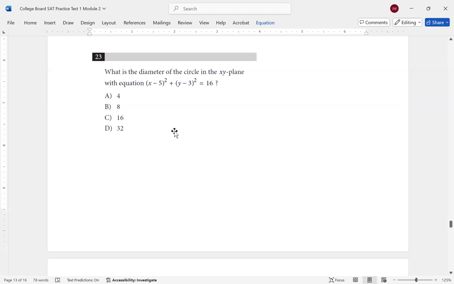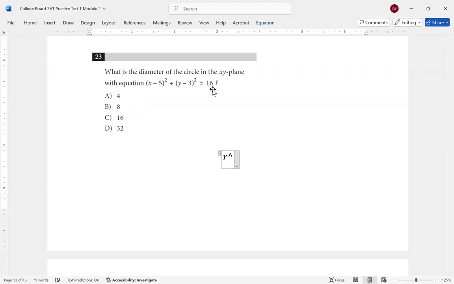Let's take a look at problem 23. It says, what is the diameter of the circle in the xy plane whose equation is x minus 5 squared plus y minus 3 squared is equal to 16? Well, this is the equation of a circle, and the 16 is the radius squared.